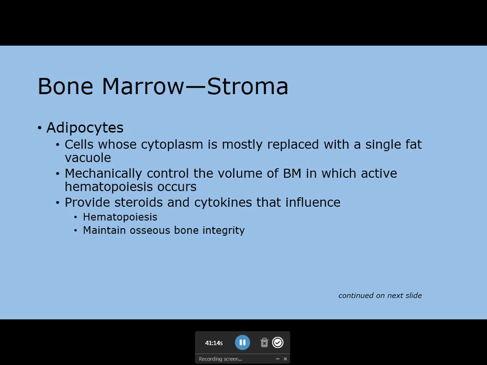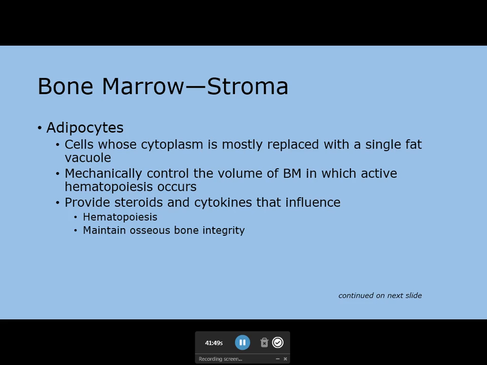Okay, all right. So adipocytes, which are the fat cells, is what we talked about. They're there to maintain bone integrity, so that when you fall or whatever, your bones don't break. We talked about this Monday, how we used your kid as an example. Your 1-year-old is going to have all red marrow probably in all their bones, and I was actually a little bit early, your 7-year-old probably still does too.